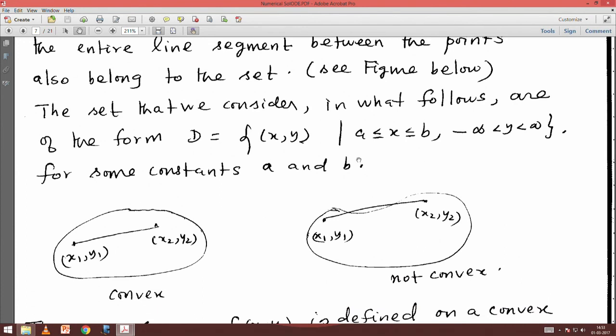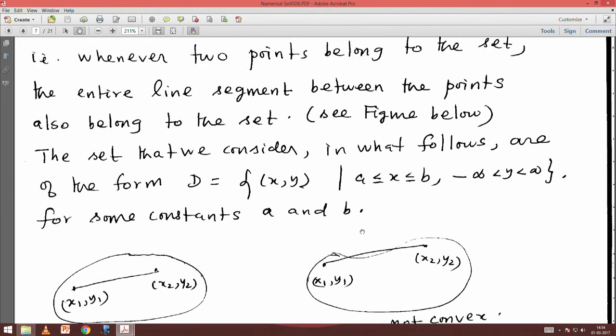Take any 2 points, draw a line segment. If D is such that the line segment lies within D, then the set is said to be convex. In the other figure, that does not happen. A part of the line segment lies outside the set D. So, this set is not a convex set.